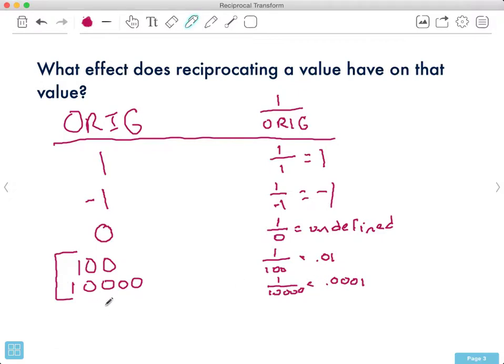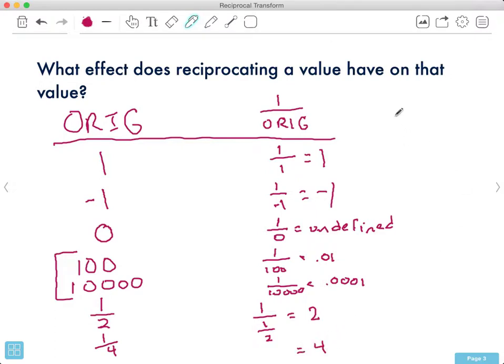Conversely, if you take a fraction, let's say a half, a proper fraction between 0 and 1, when you reciprocate it, you get 1 over a half, and you know from dividing fractions to invert and multiply by the bottom number, so we end up with 2. And if we reciprocate a quarter, by the same logic, we're going to end up with 4.